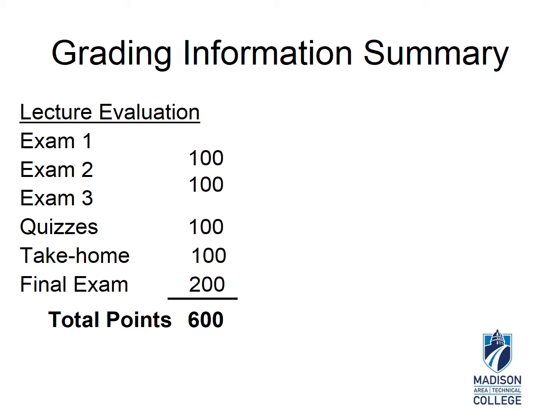I will drop your lowest 2 quizzes, average the remaining quizzes, and you can get a maximum of 100 points from those quizzes. You will also have a take-home exam worth 100 points, and then a final exam which will be worth 200 points or 20%. So for a total of 600 points or 60% of your final grade.